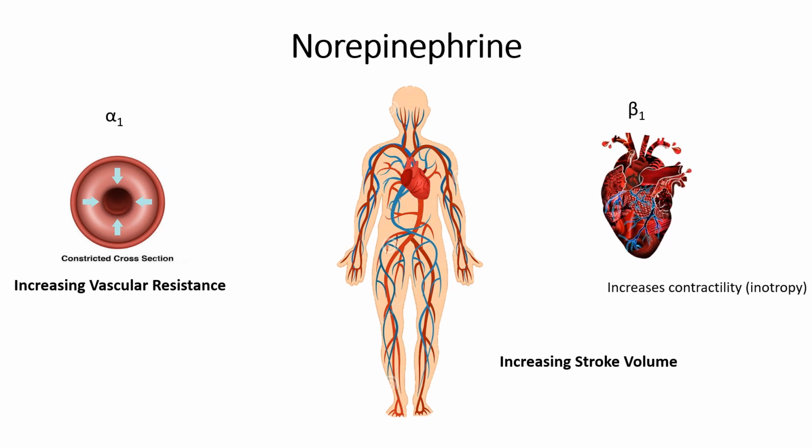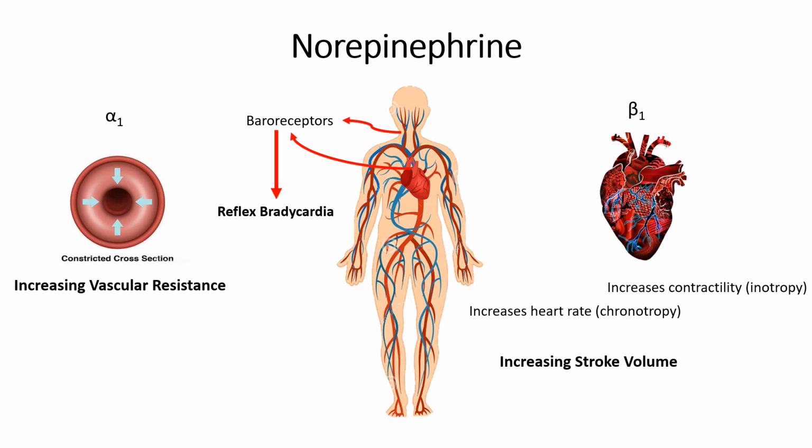Remember that the action of norepinephrine on beta 1 receptors can also cause an increase in heart rate. But because of the intense phase of constriction caused by the action of alpha 1 receptors, you can see a reflex bradycardia. As a result, the direct effects of norepinephrine on chronotropy are cancelled out and the heart rate will remain the same.